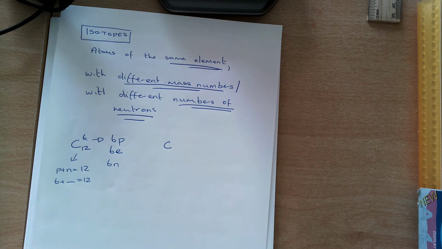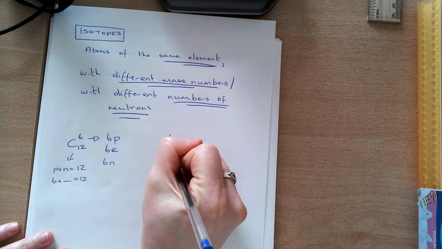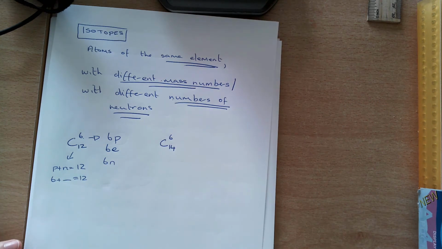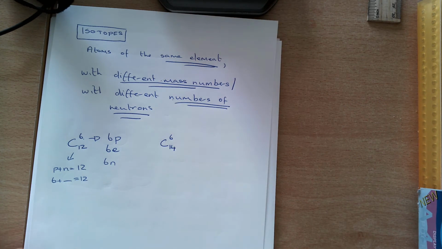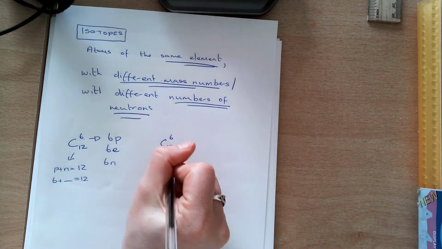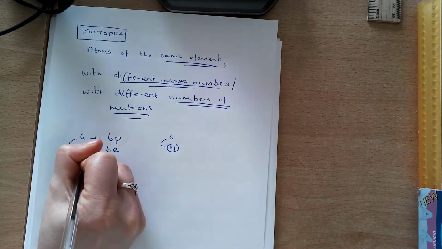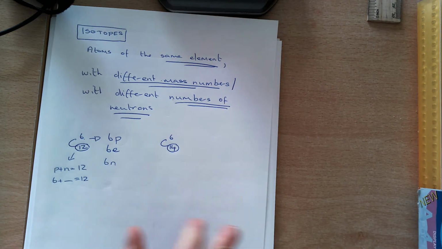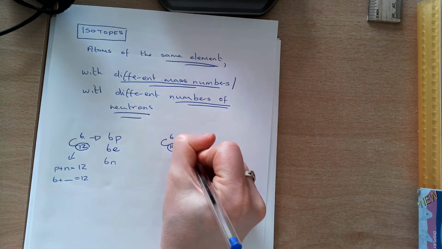However, carbon can have different mass numbers. That's the reason why all of these mass numbers are not full numbers, because they all have different values of their isotopes. One of my most common carbon isotopes is what we call carbon-14. This is where my mass number isn't 12 as it appears in the periodic table, but 14.